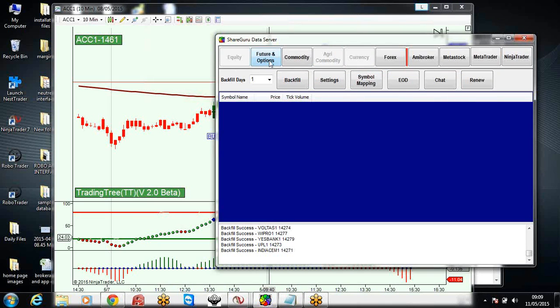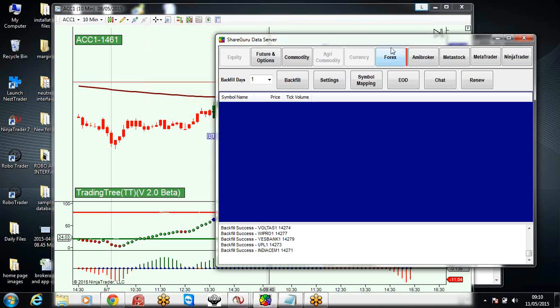For futures and options, we have only the Nifty and Bank Nifty options, and you can trade in MCX, the commodities, and even agri commodities and currency, that is the Indian currency pairs: USD INR, Euro INR, JPY INR, and GBP INR.